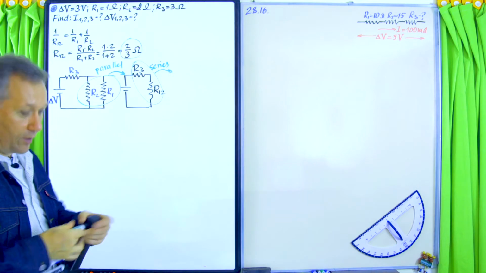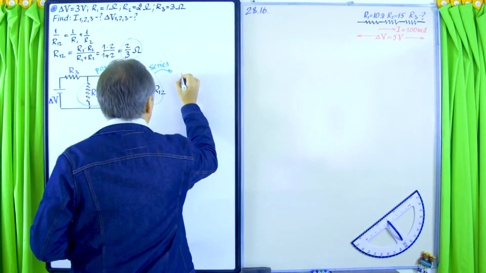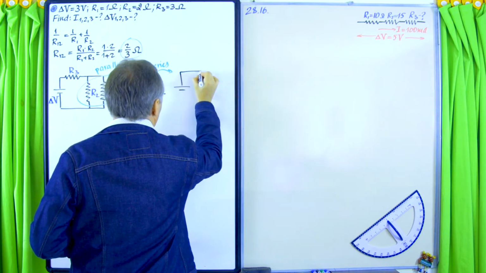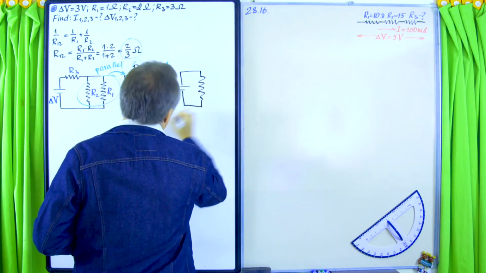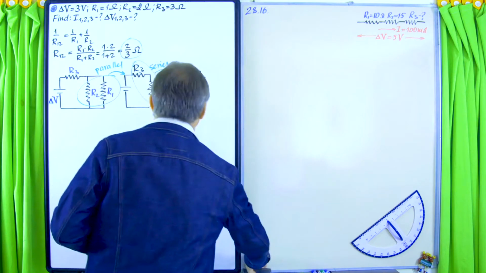And so now I can draw the simplest possible circuit. And again, the battery works in exactly the same way. You know what? No, I hate it, it looks so ugly.